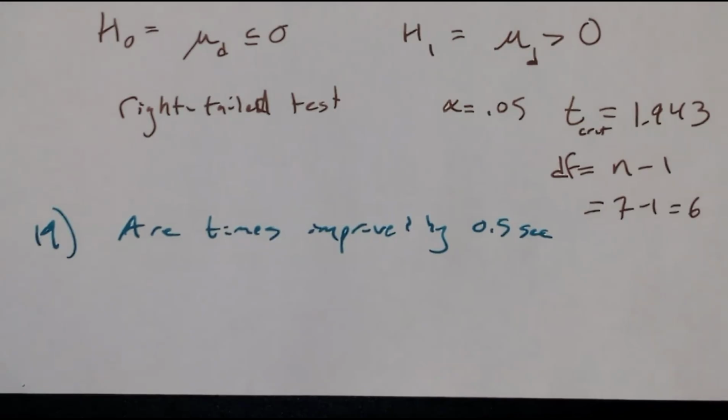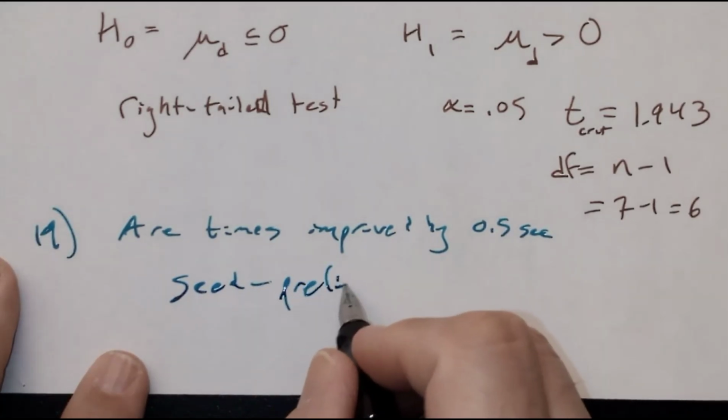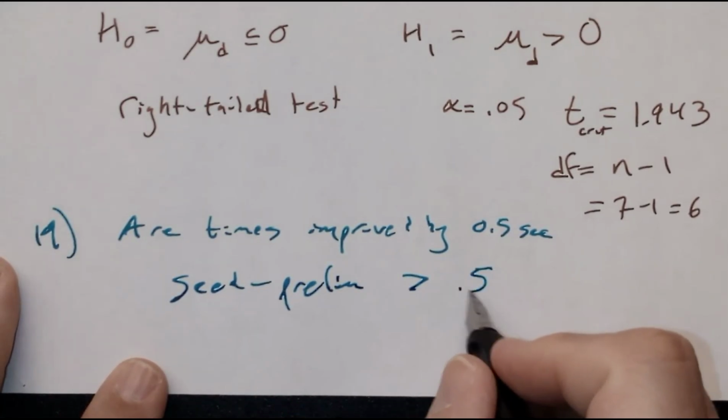So if I make the left column of data variable 1 and the right column of data variable 2, then seed minus preliminary should be a positive number. I want the times to go down. So variable 1 minus variable 2 should be bigger than 0.5. Seed minus prelim bigger than 0.5.